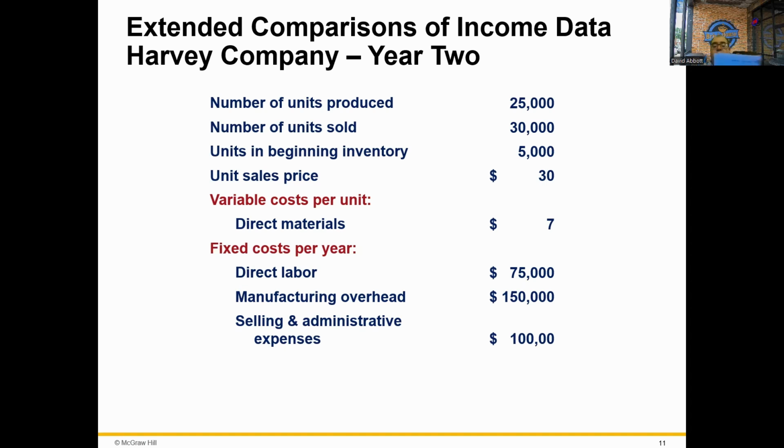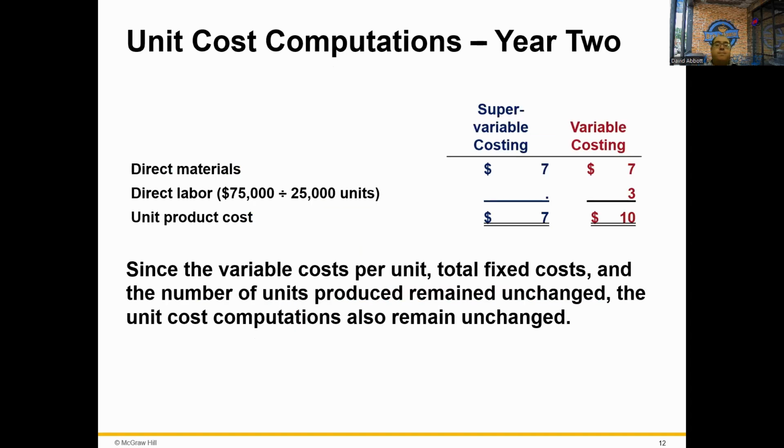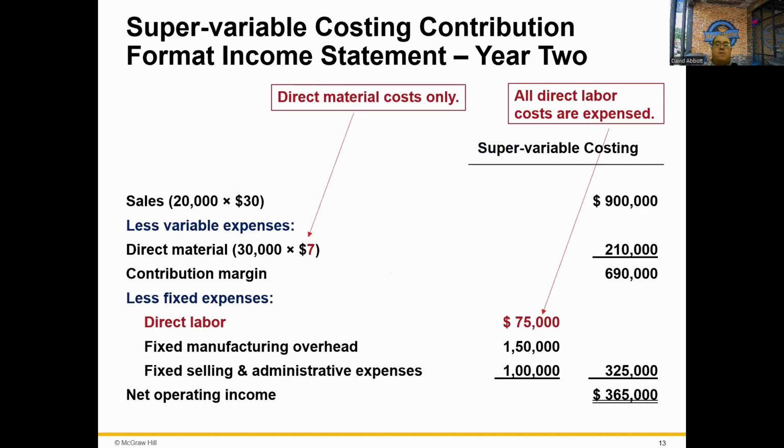And they had 5,000 units in their beginning inventory. Then you have the unit cost computations. Since the direct material and direct labor cost per unit remain unchanged, the unit product cost computations also remain unchanged. So it will work out the same regardless.